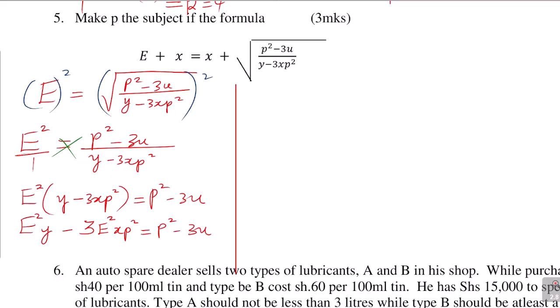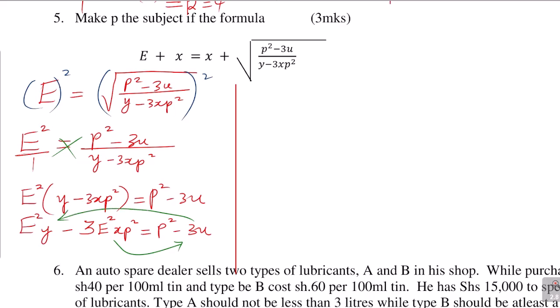Now, since you're making p the subject of the formula, bring the p's together on the same side. I can take them to the right hand side or to the left hand side, whichever you choose. So I can take this one to this side, and I can take this one to this side.